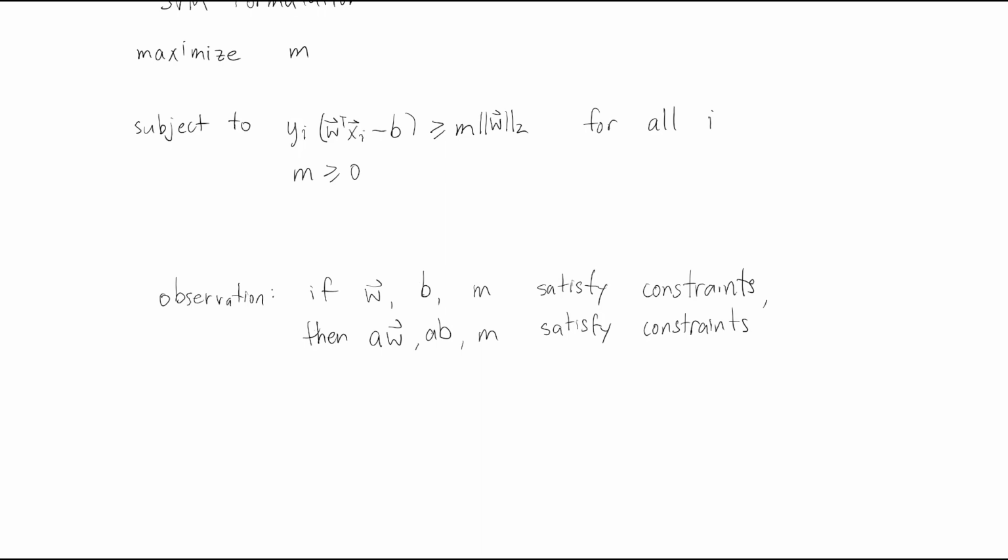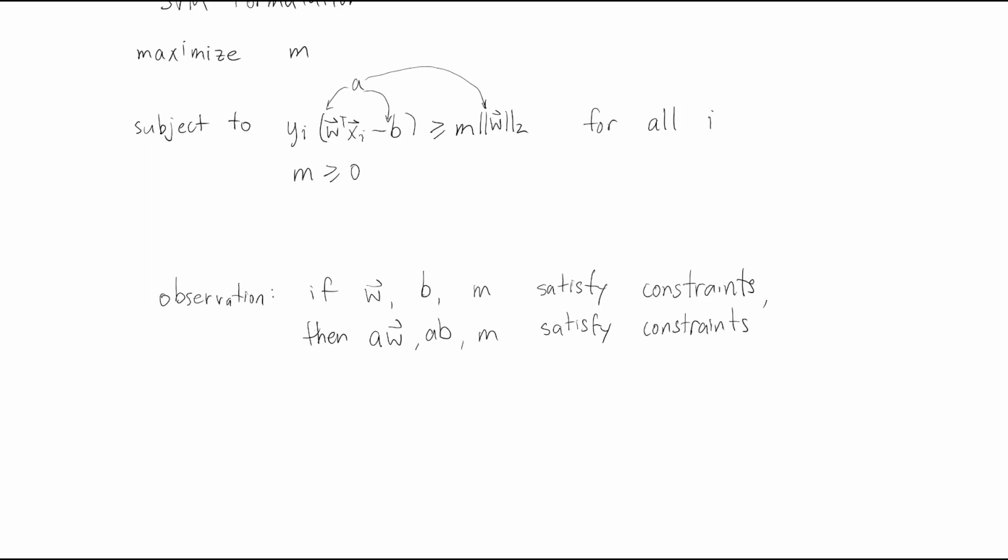So we can basically always scale W and B by any constant, and we will not violate the constraints, right? The reason is that if you put an A in here, and here in front, and also here, the A's will come out and all of them will cancel out. The M's don't change, of course, so there's no change there.